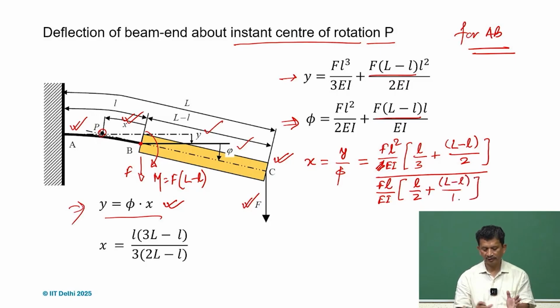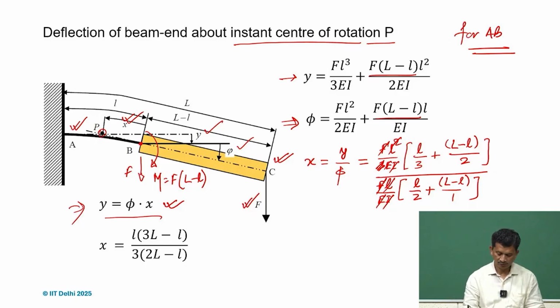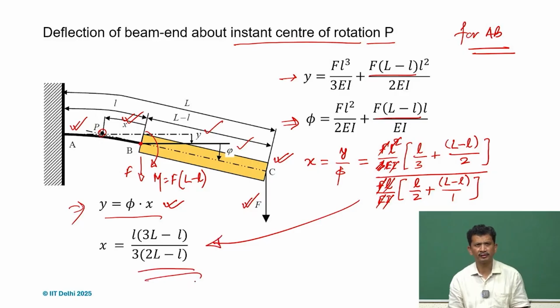If we rearrange, this will all cancel out, EI, and a single l will also cancel out. So we will be left with a single l at the top, and if we work it out, we arrive at this formulation, where x is equal to l times the bracket 3 capital L minus l, divided by 3 times 2 capital L minus l.